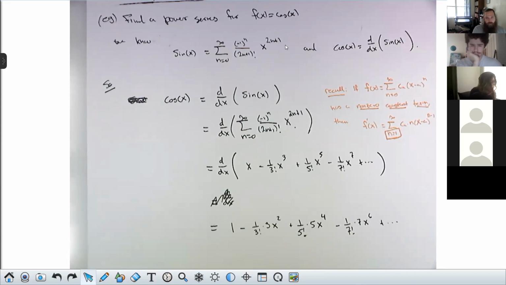Or you could do it all in sigma notation. You could differentiate staying in the sigma notation. This would just become 2n plus 1 times x to the 2n. This is what it looks like right now.